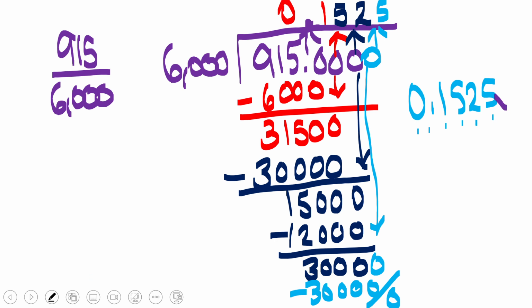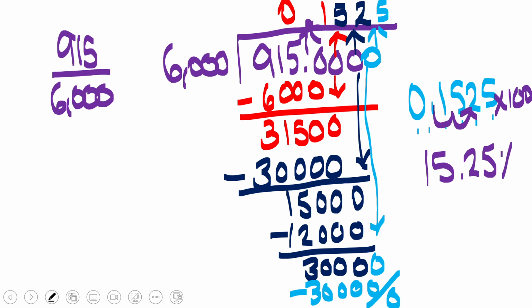We're going to multiply by 100 to turn this into a percentage. It means the decimal will move to the right 2 places, and we will present it as 15 and 25/100ths of a percent.